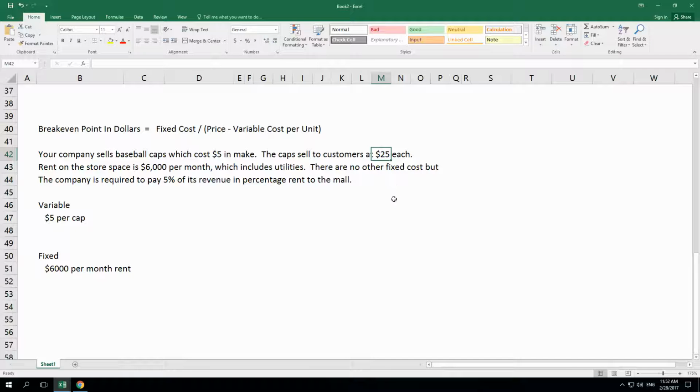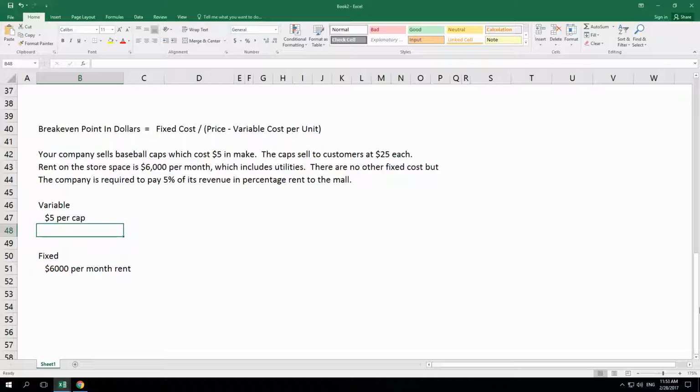If you don't sell any caps, you're not going to pay any percentage rent. If you sell two caps, you pay 5% on $50. If you sell three caps, you pay 5% on $75. It just keeps going.